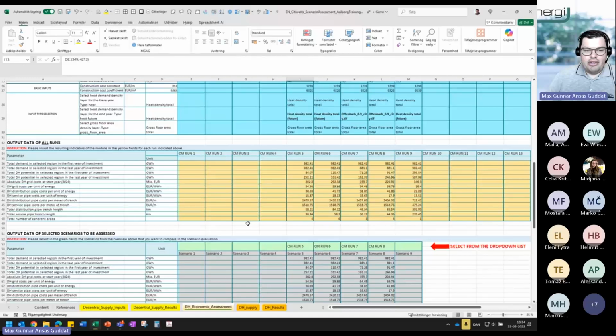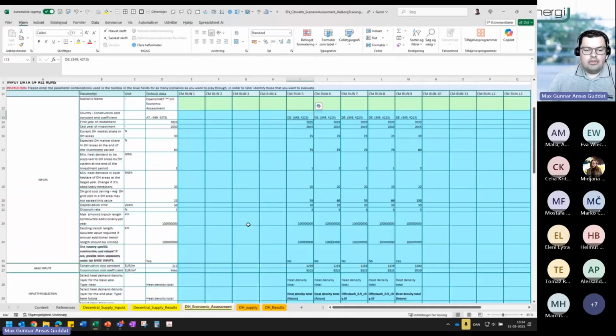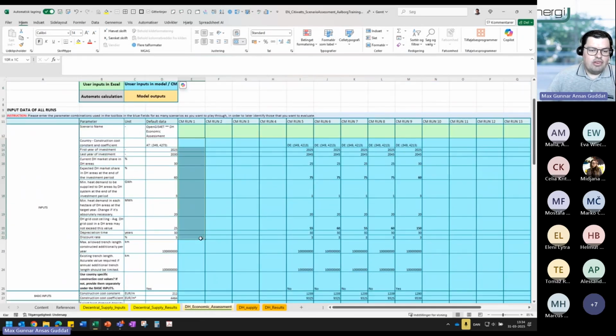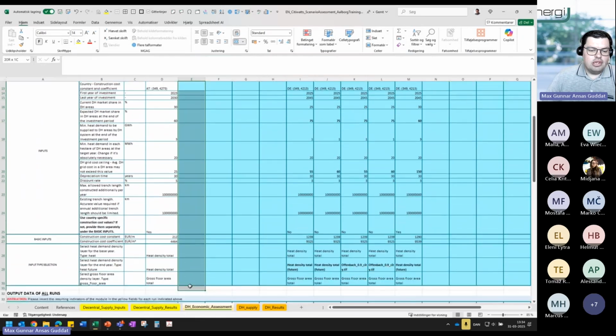Just a slight remark at the end. We will jump into these parts of the spreadsheet later today when we look into the other calculation modules. So for this, it's the economic assessment CM. As said, the turquoise background marks things that you have entered into the tool.